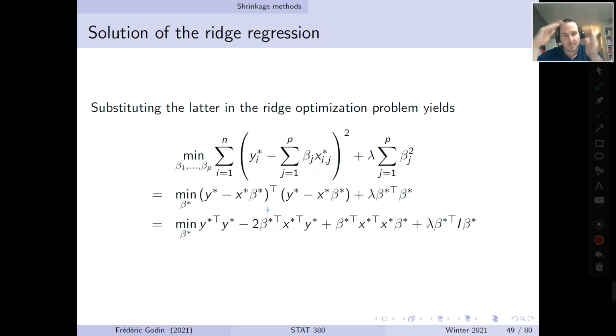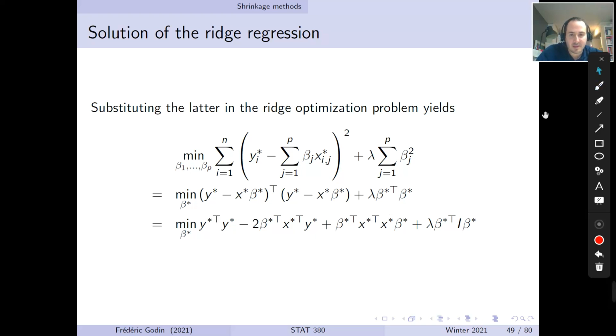When you do that, you obtain the dot product, because you sum all products of elements between this vector and itself transposed. So this can be written as y star minus x star beta star, transpose, times this. If you're not convinced, once again, press pause and try doing it yourself until you get that expression. And same thing for this new term: this is lambda times the vector beta star transpose times the vector beta.